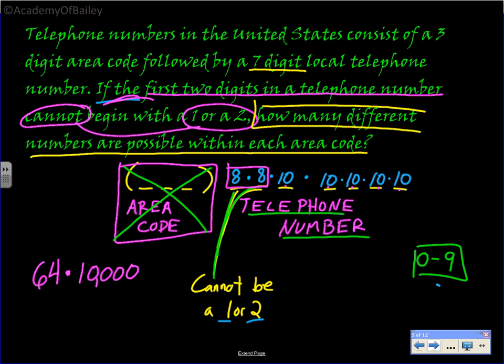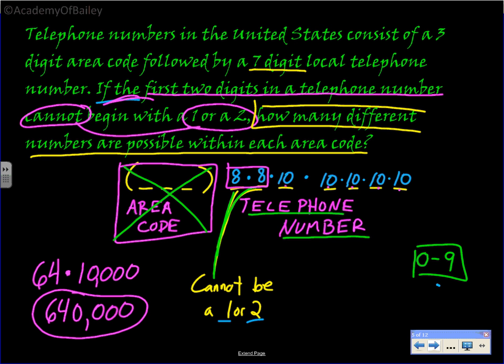So now we have 64 times 10,000. 64 times 10,000 should be easy enough to multiply. 640,000. 640,000 is your answer there.